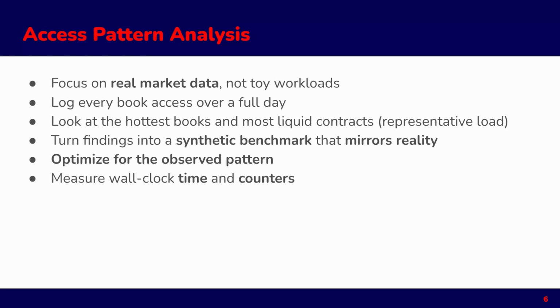And that gives me some real world access patterns, and I can base a benchmark on top of that and experiment with different implementations. And that is what I would like to present here. So the goal is obviously to optimize for what really happens in the market, not just what we imagine might happen theoretically.